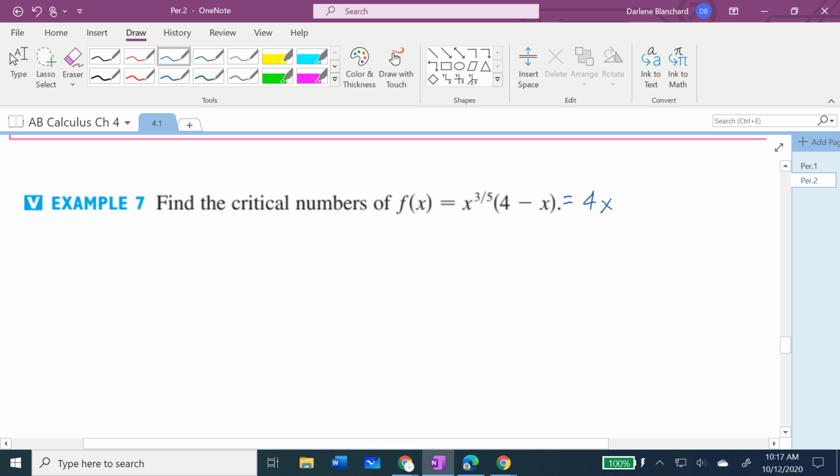So distributing, x to the 8/5. All right. So if I'm going to find the critical numbers, I'm going to take the derivative. That's the first thing. So everybody, derive away.